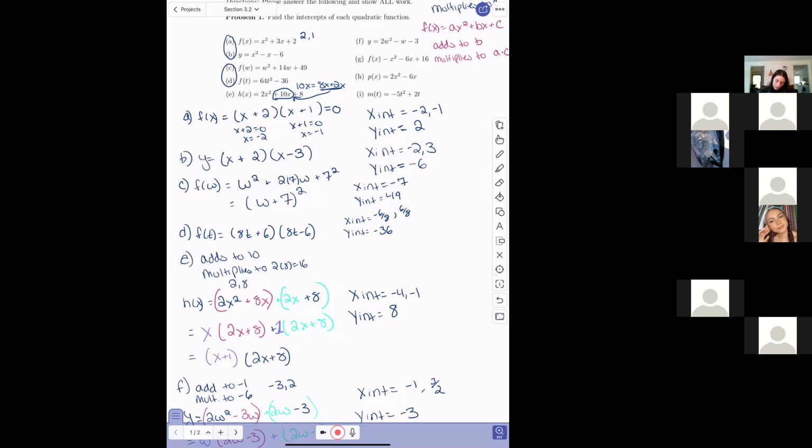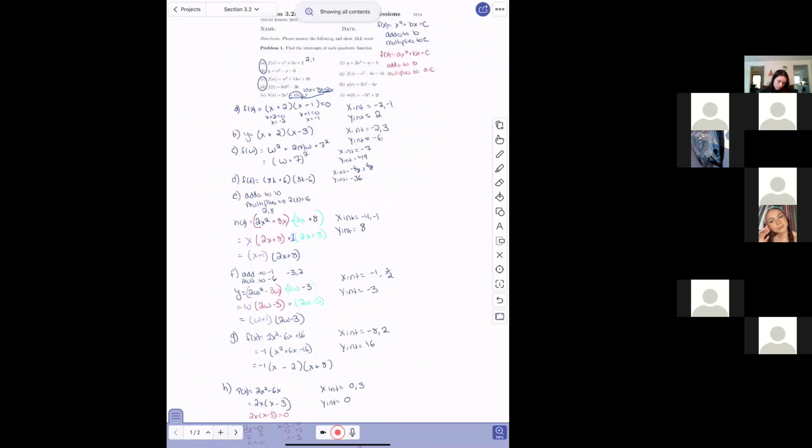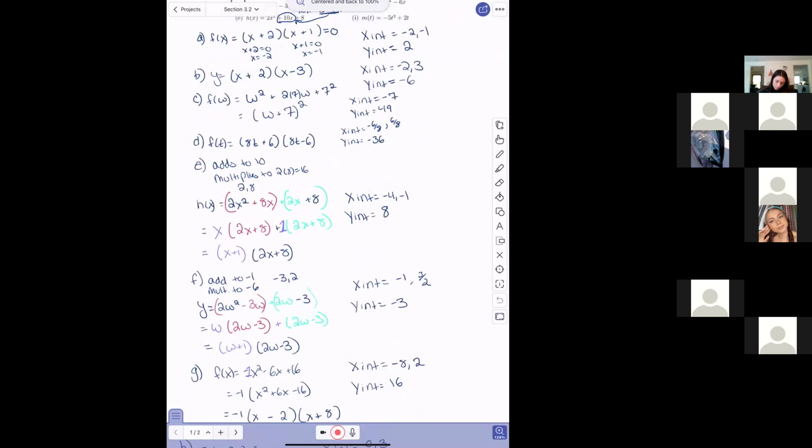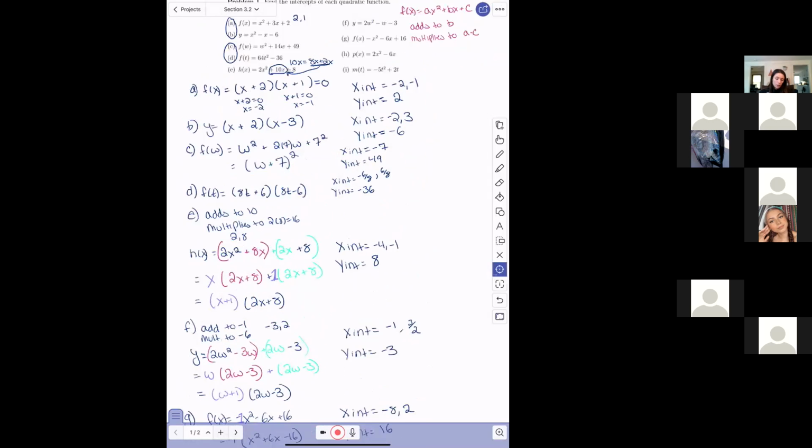So if you were to look at problem F, we're adding to -1, but multiplying to 2 and -3. This is another bad example. What adds to -1 is -3 and 2, and -3 times 2 also multiplies to -6. So that's why I put it here.